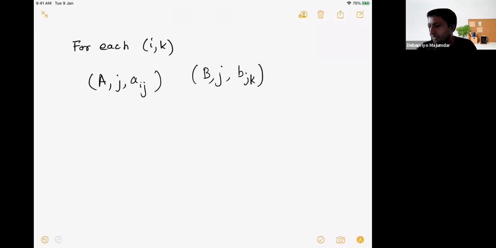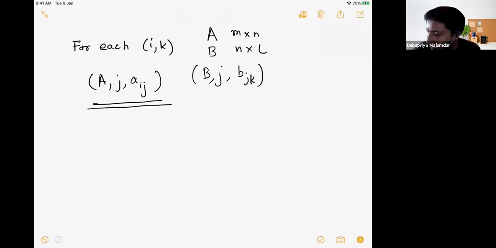So how many of them are there? Suppose our matrices are A is m cross n, B is n cross l. So for each (i,k) we have n j's. So there are n j's and m i's, so there will be mn entries of the form (j, A_ij), and similarly there will be nl entries here. So essentially we'll have so many.